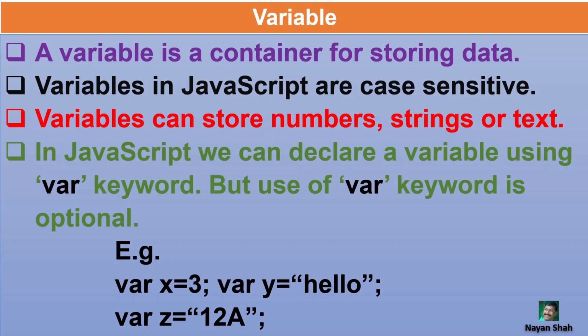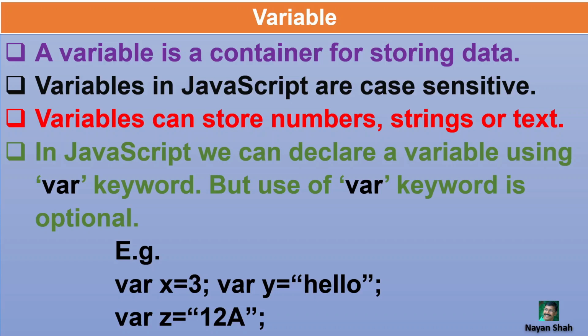Variable z is equal to 12a is again a string where you may write alphabets and numbers or any other special characters also. So any kind of text. But when it is written within double inverted commas, it is called a string. So even if I write variable z is equal to, within inverted commas, 12, then it's a string and that value cannot be used in calculation.